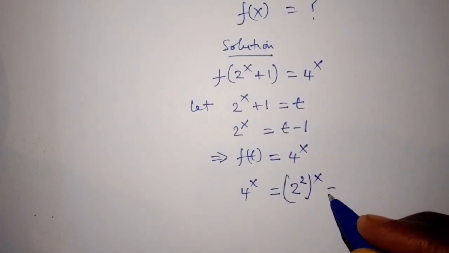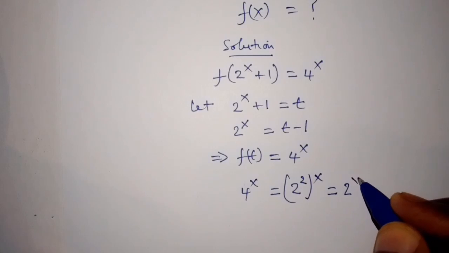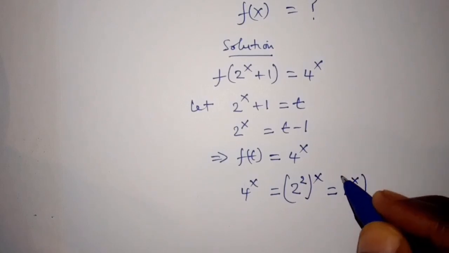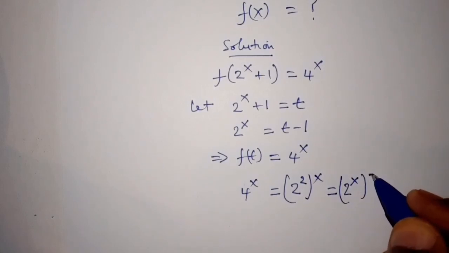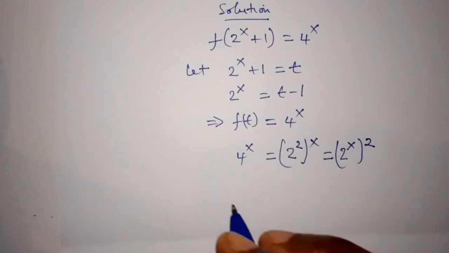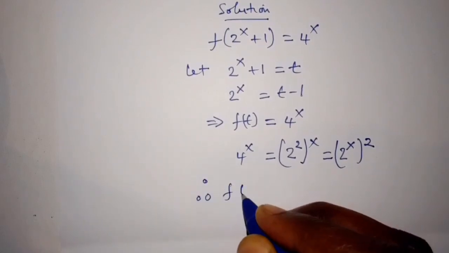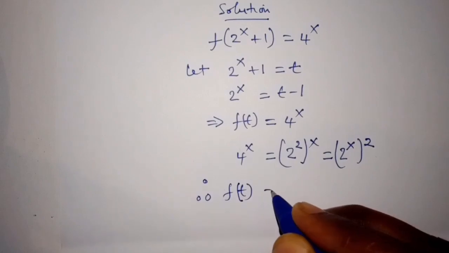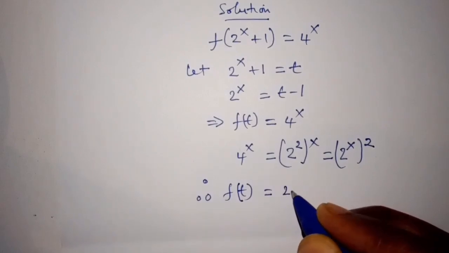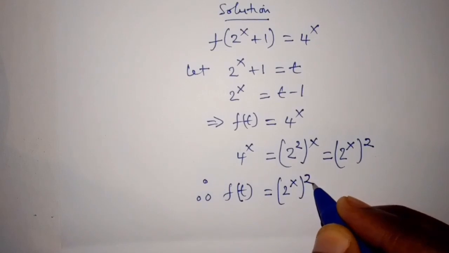And we can also write this as (2^x)^2 using the indices rules. Now, therefore f of t equals (2^x)^2.